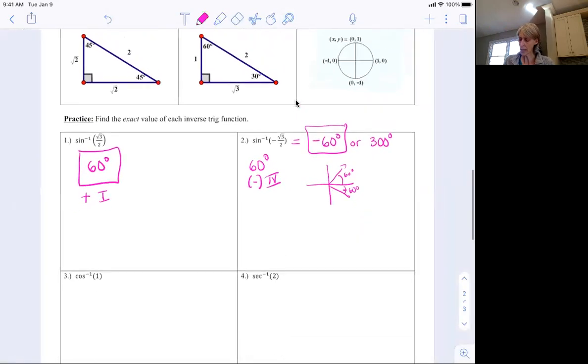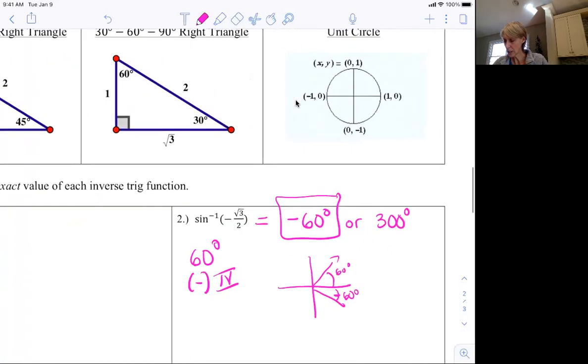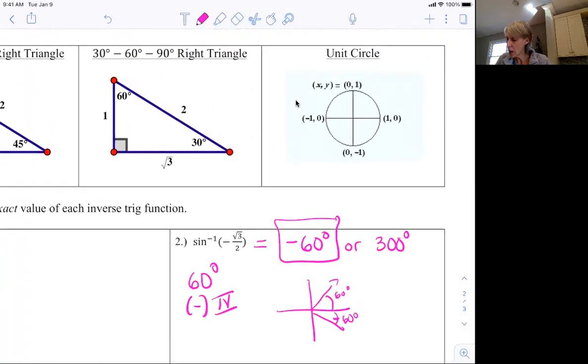The angle whose cosine is 1. In this case, 1 is not one of my side lengths. I don't have that ratio 1/1. You have to start to be able to identify when it's going to be from a quadrant angle. So the angle whose cosine is 1 is going to be a value from a quadrant angle. I just go and look on my unit circle from 0 to pi.